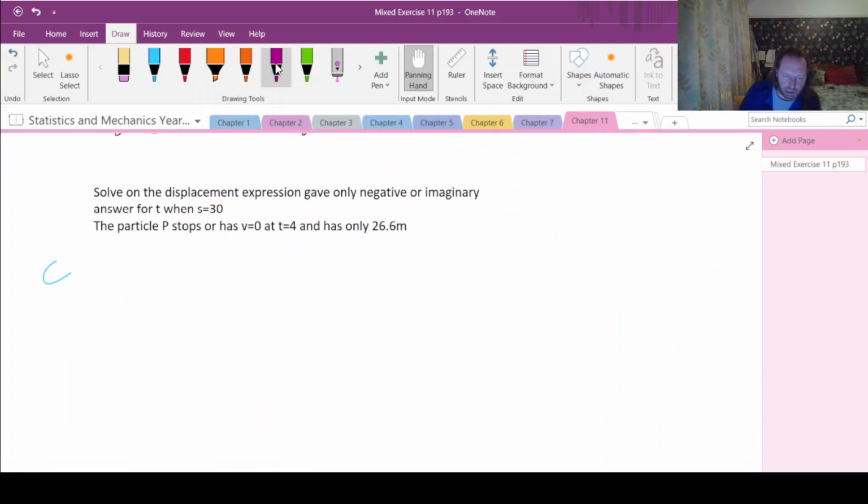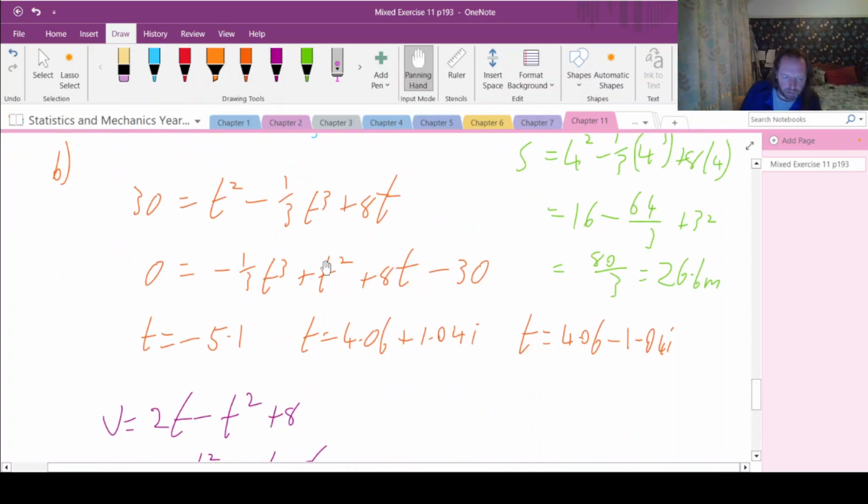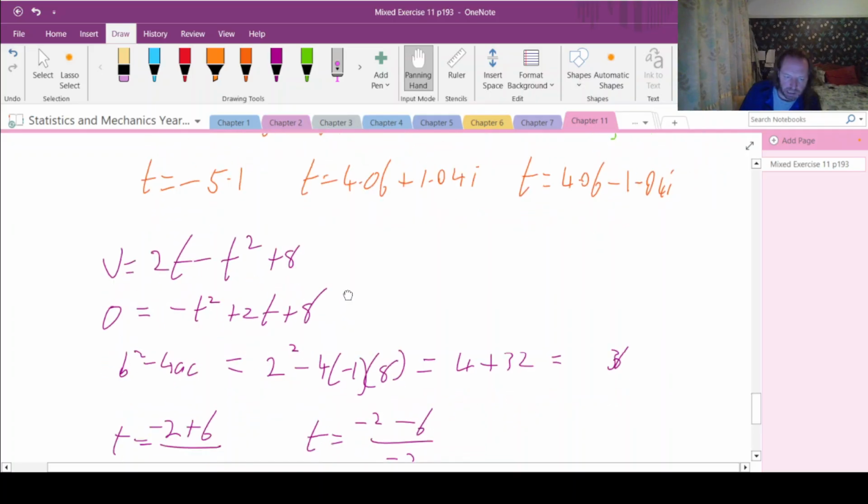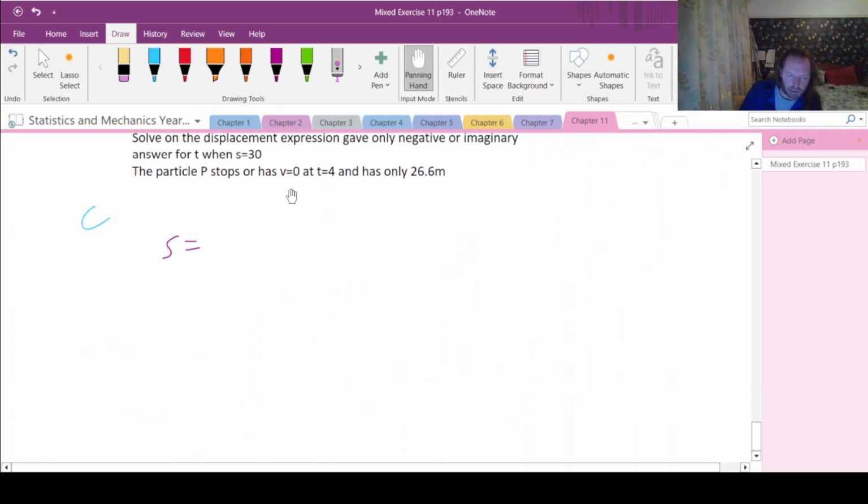So if we start with the displacement is equal to, what was it equal to again? Minus a third t cubed plus t squared plus 8t.